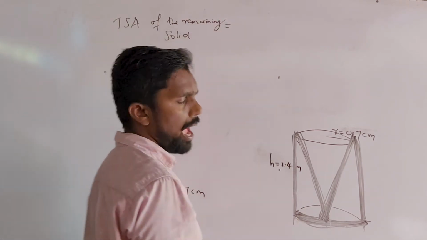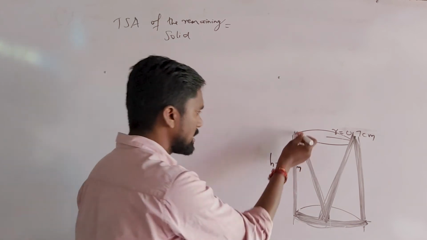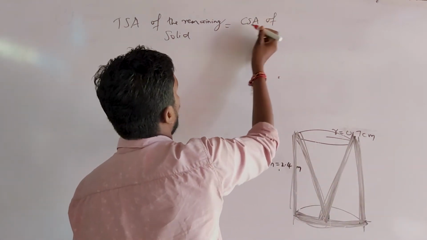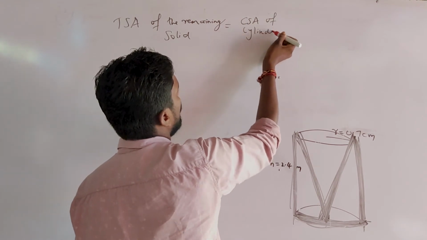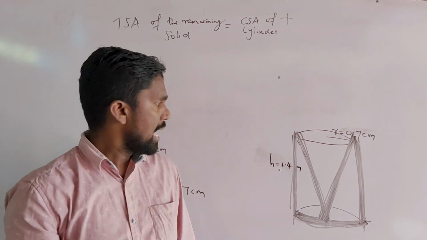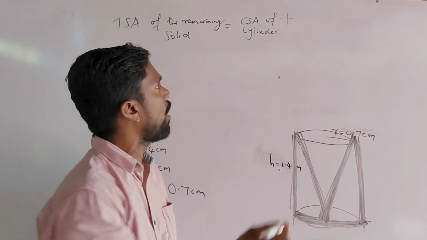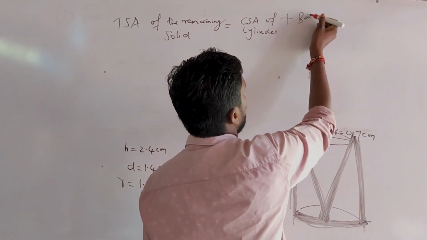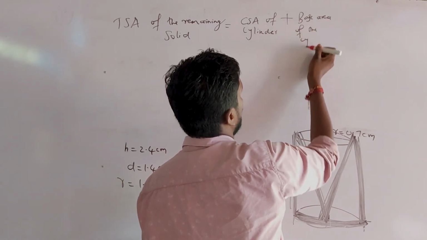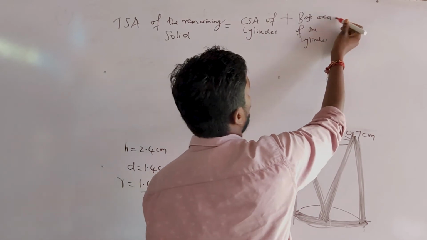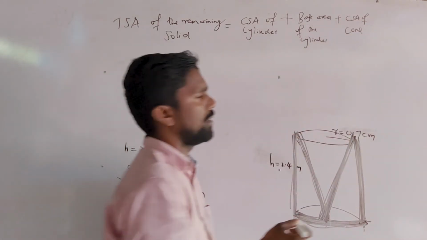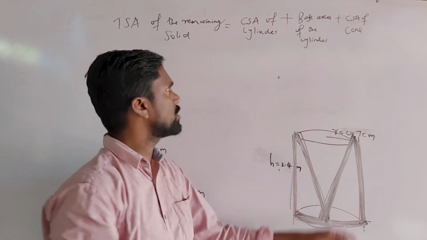Listen all of you, I have already told you: CSA of cylinder is the first thing. Next is base area of the cylinder, plus CSA of cone. This is the remaining solid area.